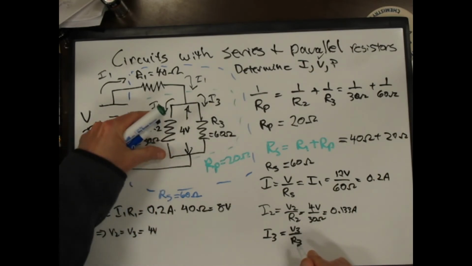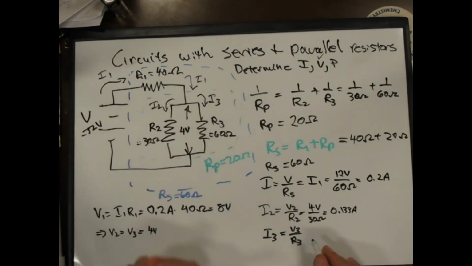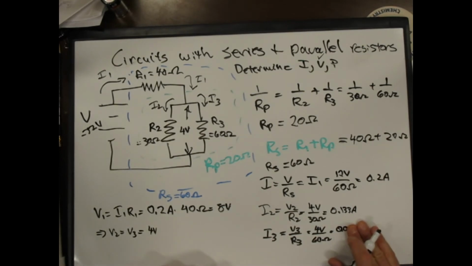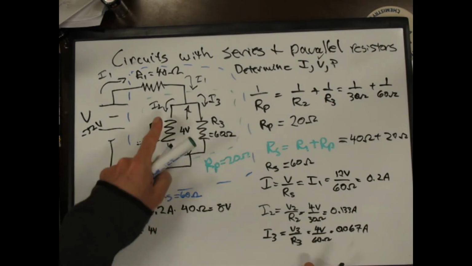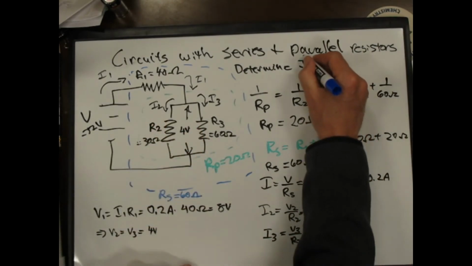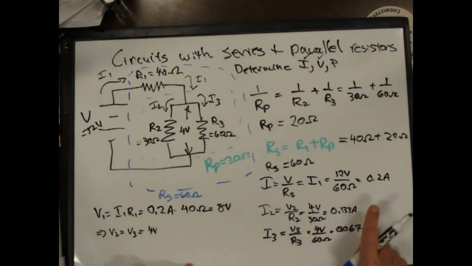Again, V3 and V2 are the same because they're in parallel, and so this is still 4 volts, over 60 ohms. And so this is 0.067 amps. And so now I have all the currents as well. I have I1, which is 0.2, I2, which is 0.13, and I3, which is 0.067.